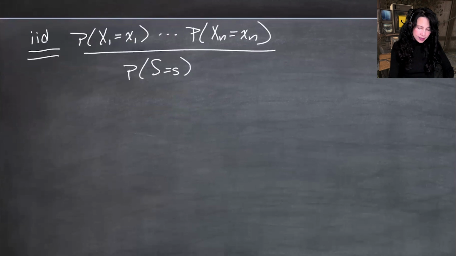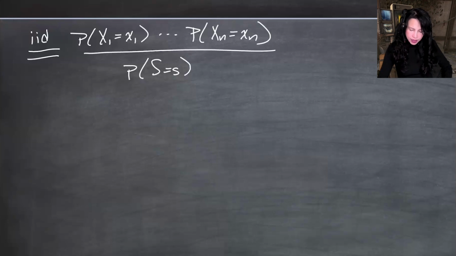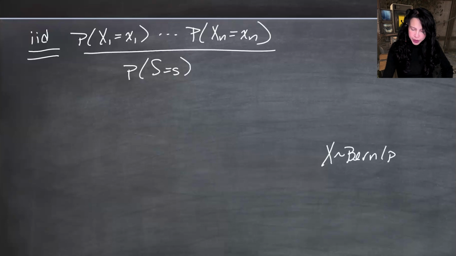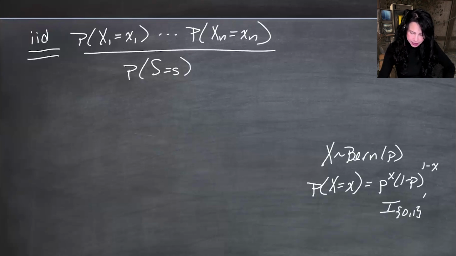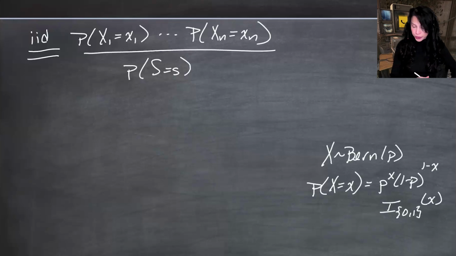And this is the Bernoulli probability. For the Bernoulli random variable with parameter p, the probability that x equals little x, which could be 0 or 1, is p to the x, 1 minus p to the 1 minus x, and an indicator that says that x has to be one of the two values in the discrete set 0, 1.